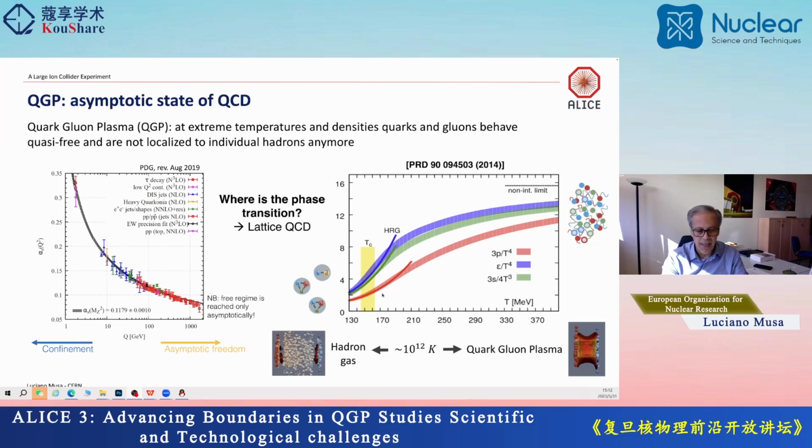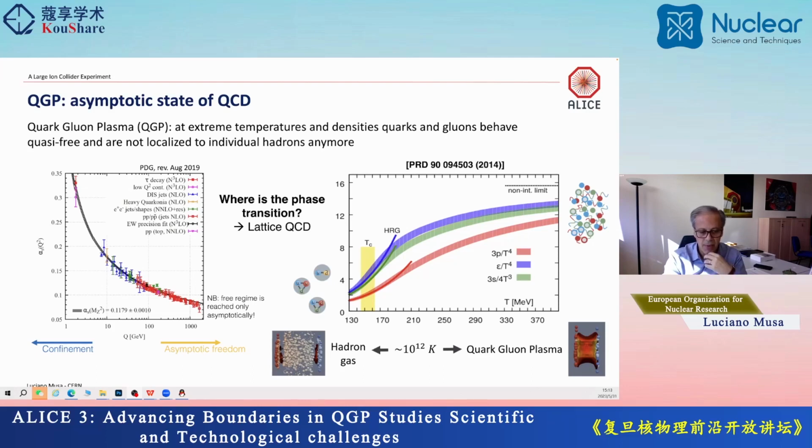And the main result of such calculations shows that a strongly interacting system with zero net baryon density evolves smoothly from a confined, hadronic state toward a deconfined partonic state without a singular behavior, when the temperature is increased above a value of 155 MeV.